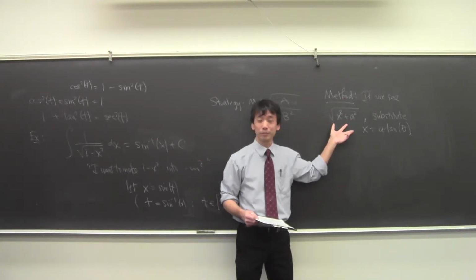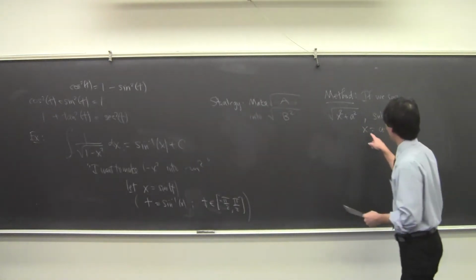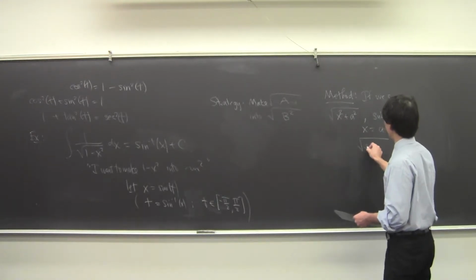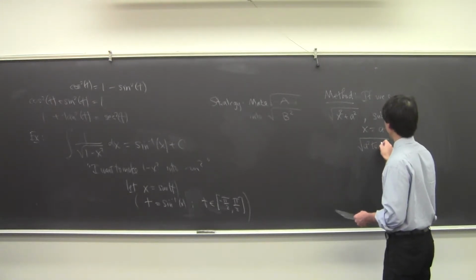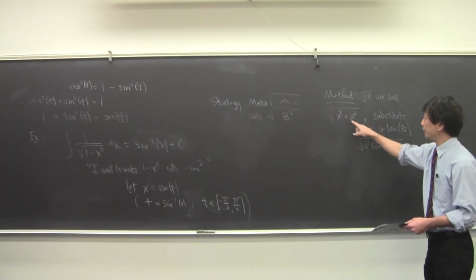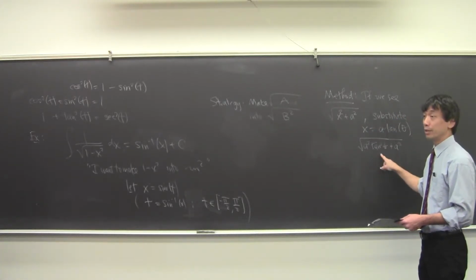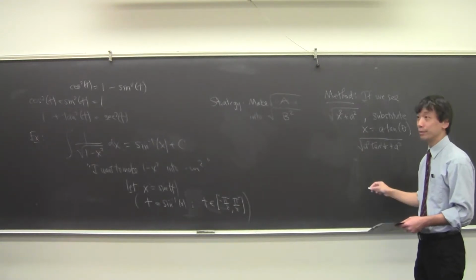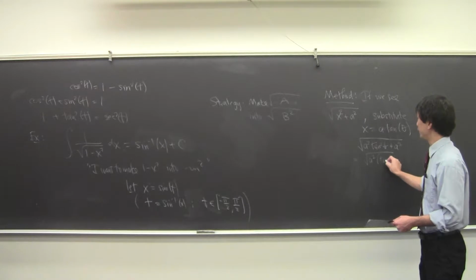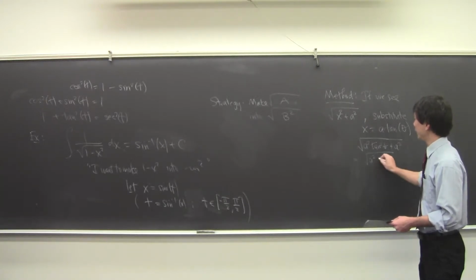Confused by that? Elaborate on that. Yeah. So if we let x be a tangent, we're going to get a squared tangent squared plus a squared. This thing would change into this. Why is that good? Because that's a squared tangent squared plus 1, so that's a squared secant squared.